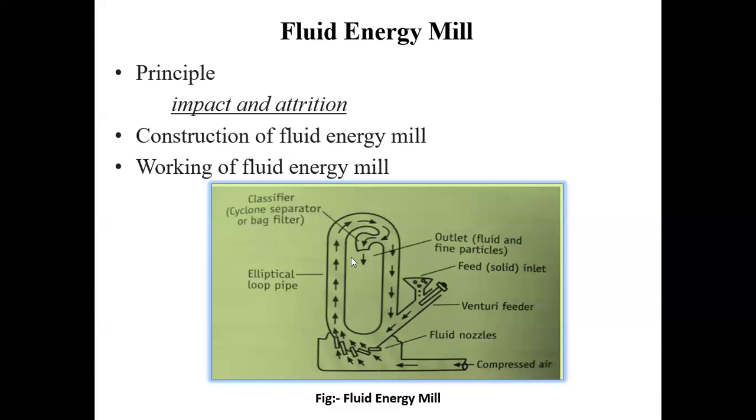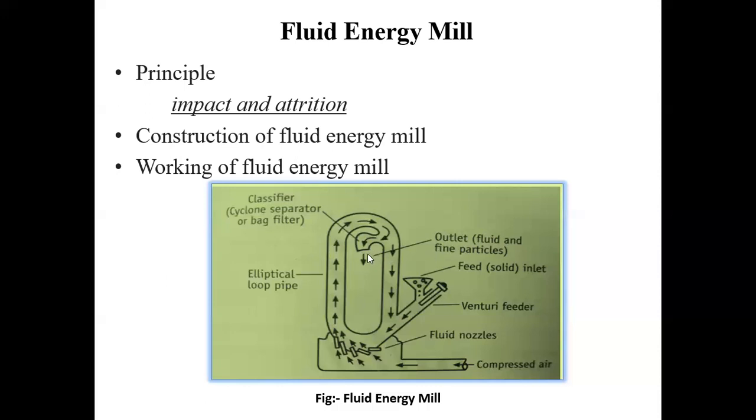And this is a cyclone separator or classifier or bag filter. We can say bag filter or cyclone separator. The cyclone separator works on the principle of centrifugation, where solid particles are retained and air is removed from this filter.